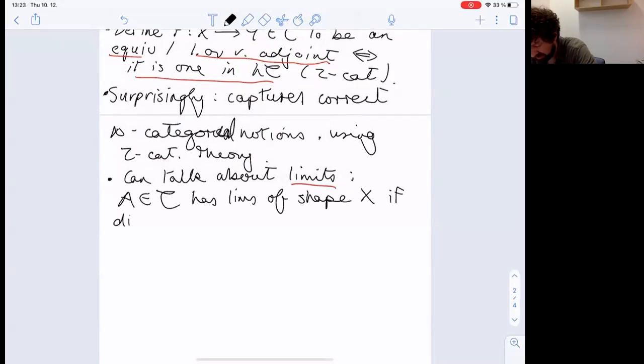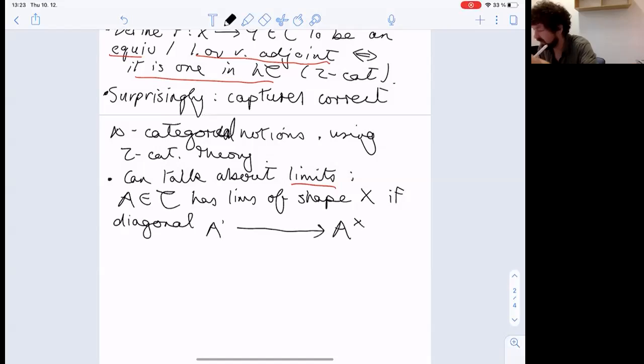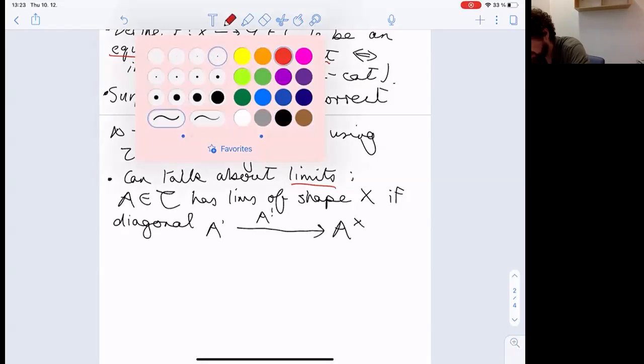If the diagonal map from A to the A^X, remember you think of A^X as being the functor category. This is what we usually do. This diagonal map is induced by the unique map from X to 1.